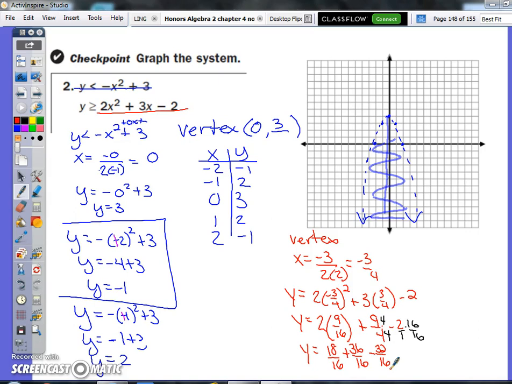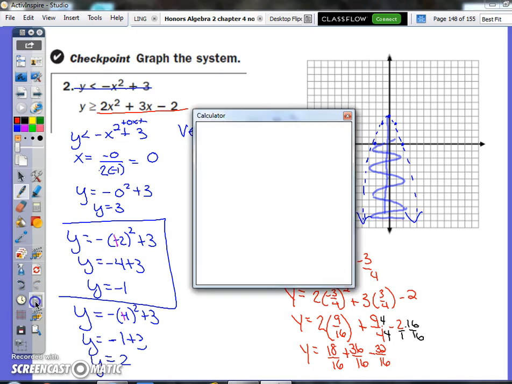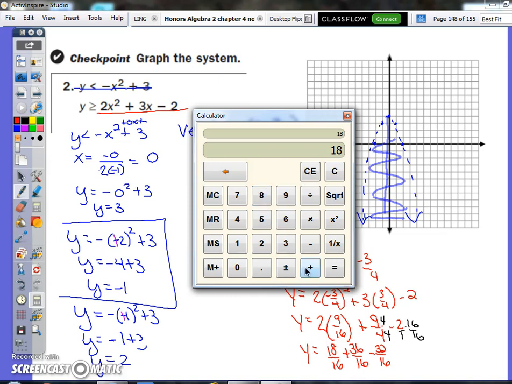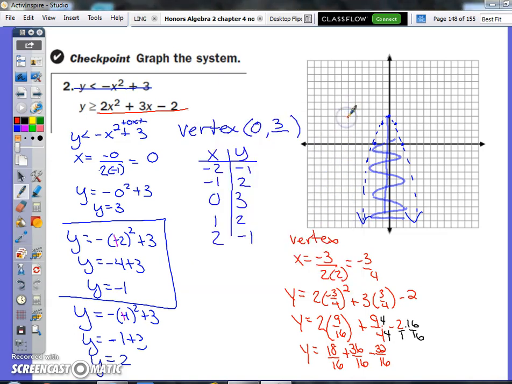So when we have, you need the calculator, 18 plus 36 minus 32 gives you a 22. So you're left with a 22/16. All right, which we can reduce to 11/8. So ugly, but my vertex is here, and it's a negative 3/4 and 11/8.